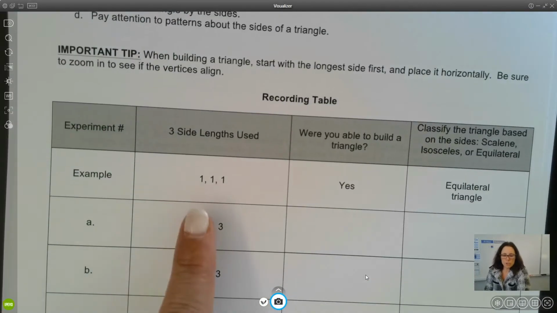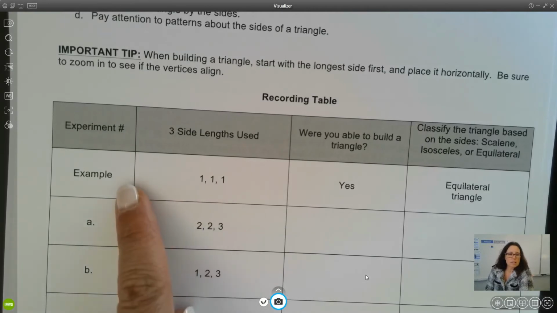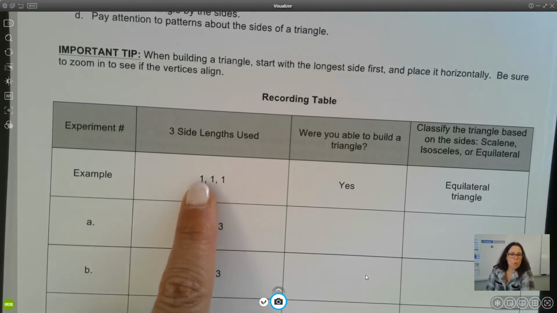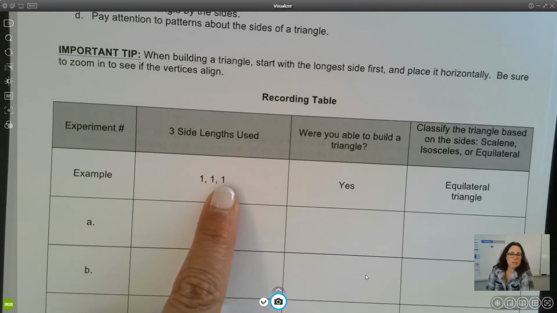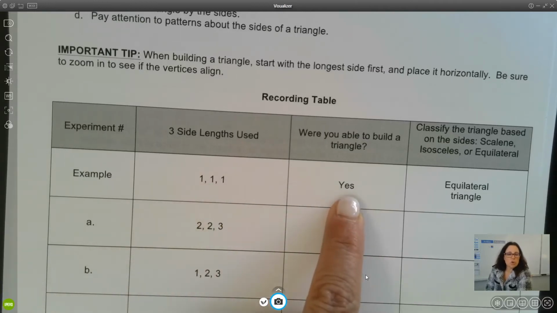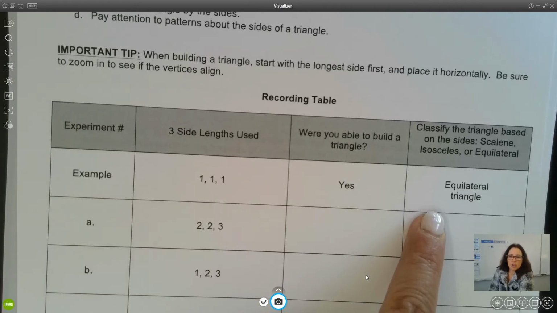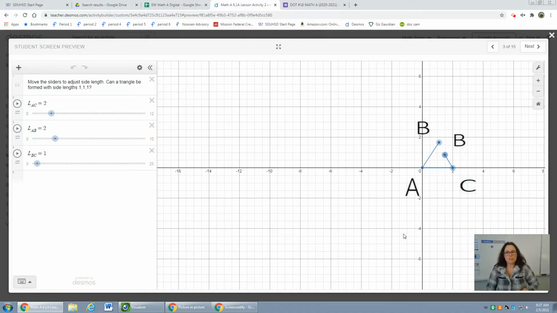Okay, so the first one is an example given side lengths 1, 1, 1. Are you able to build a triangle with those side lengths or not? And then classify the triangle based on the sides. Is it a scalene, an isosceles, or equilateral? Okay, so let me go back to this. I'm going to go ahead and change these sides to 1, 1, 1.